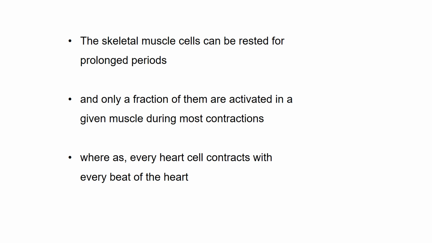Now, with this knowledge, you can understand that a large number of mitochondria and fatty acid metabolism is essential for the cardiac muscle fibers, because every heart cell has to contract 24 hours per day, 7 days per week and lifelong, whereas the skeletal muscle has a chance to take rest for prolonged periods.